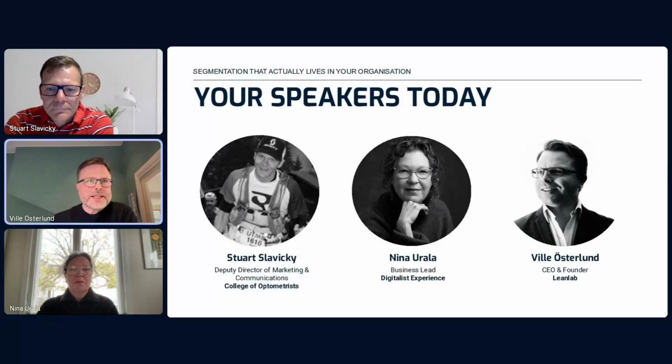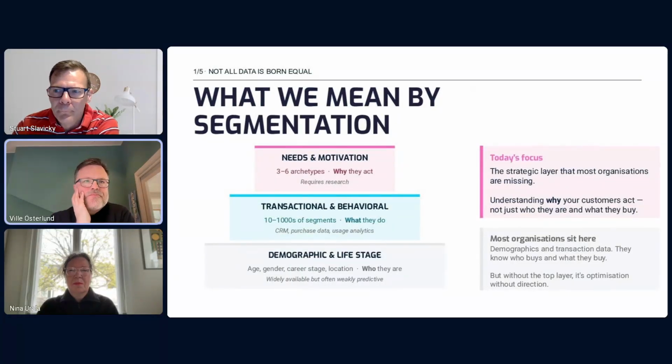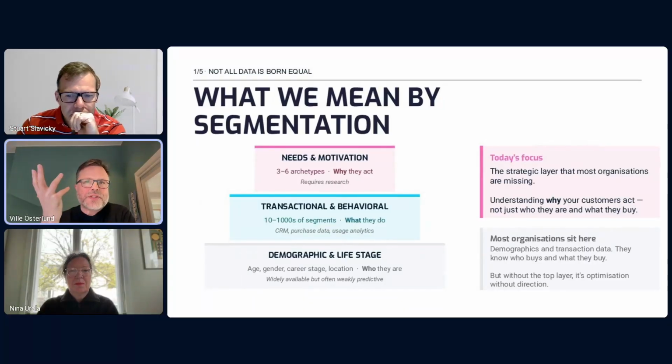Right, let's start diving into today's session. What we mean by segmentation. Let's frame this so that we know what we'll talk about today specifically. I think segmentation can be layered on three layers.